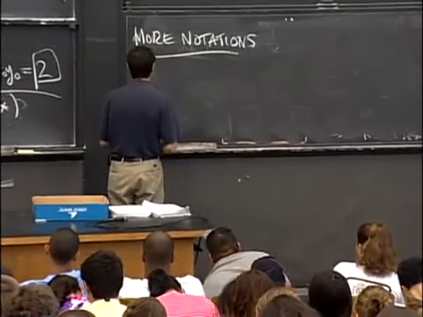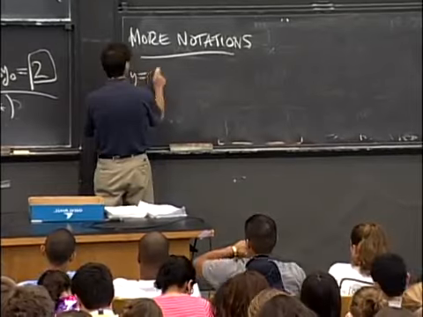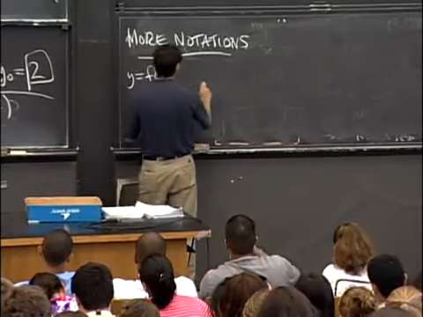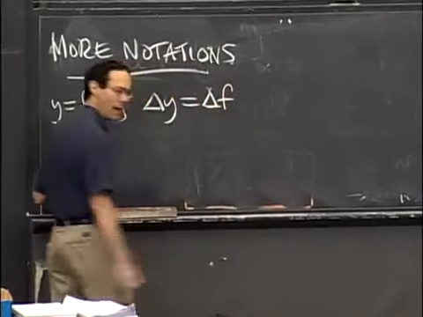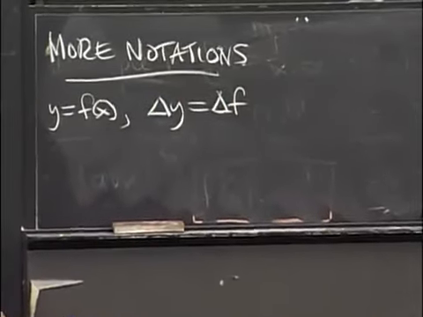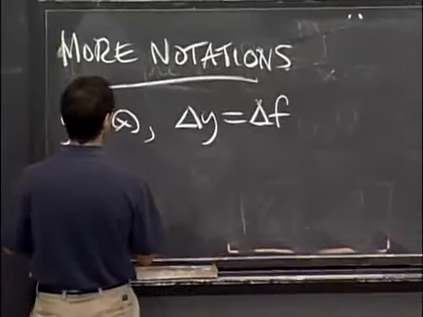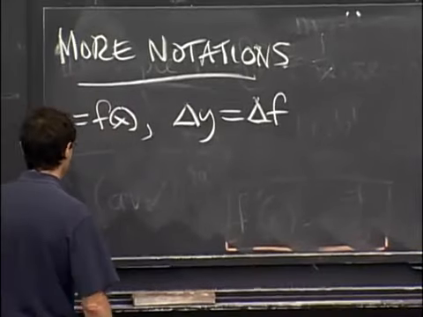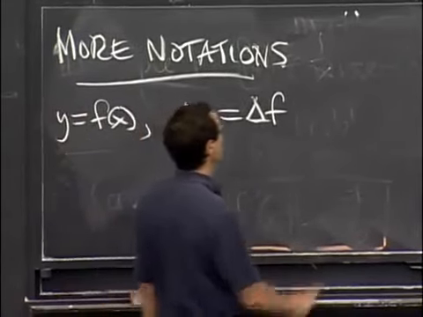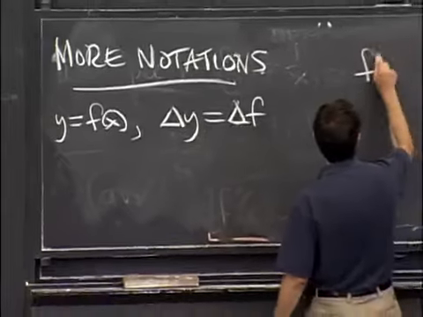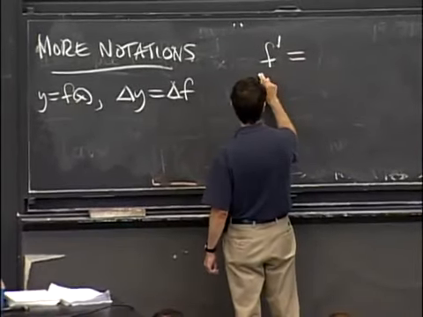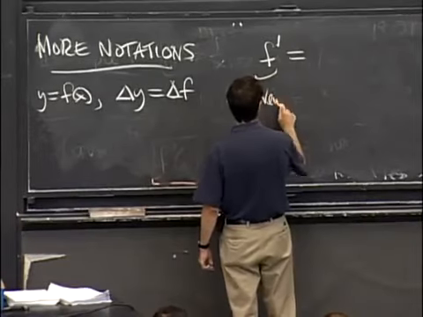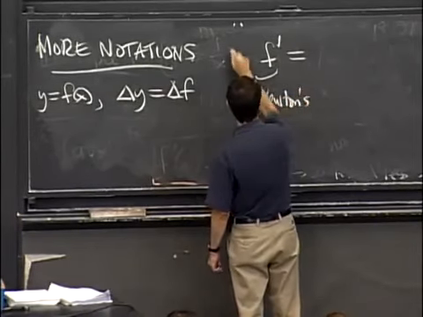And the first one is the following. We already wrote y is equal to f of x. And so when we write delta y, that means the same thing as delta f. That's a typical notation. And previously, we wrote f prime for the derivative. So this is Newton's notation for the derivative.